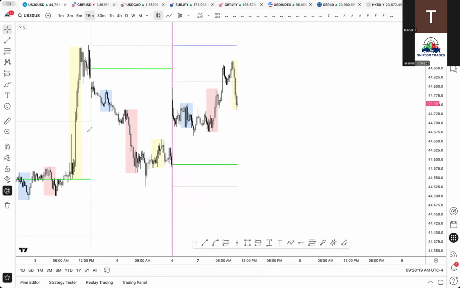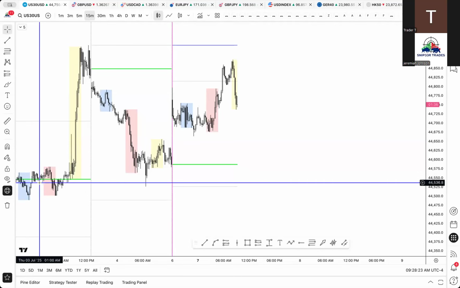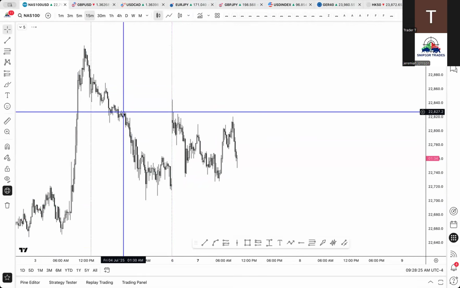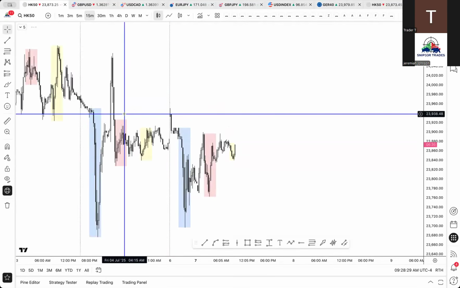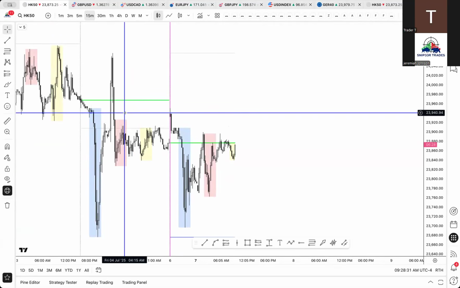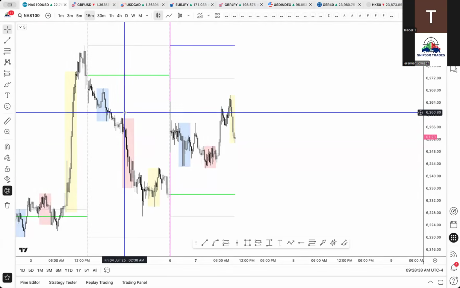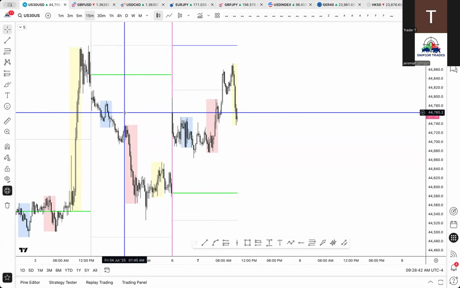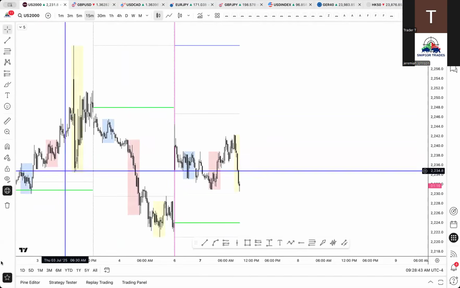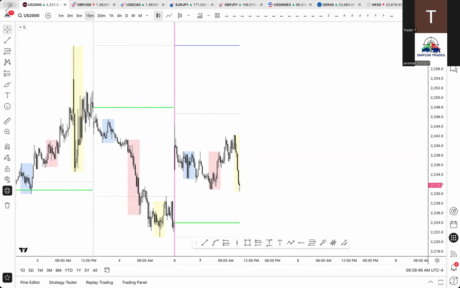I would possibly sit out on this day mainly because this pattern is not aesthetically pleasing to my actual playbook. I have a playbook full of these patterns, full of these setups, and if I just scroll through all of these pairs today, you should be able, and actually let's draw our model here.